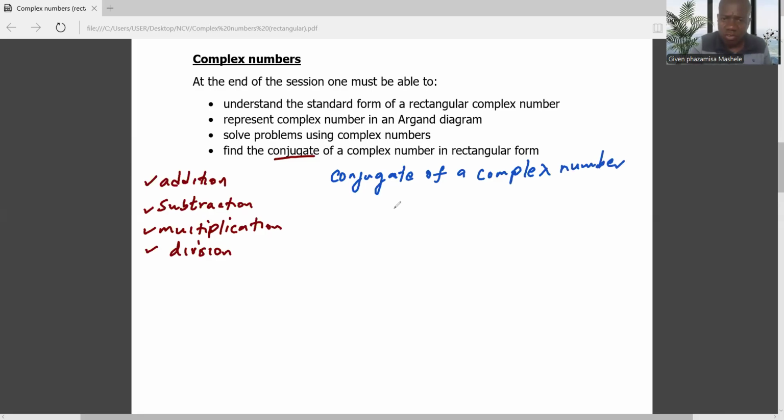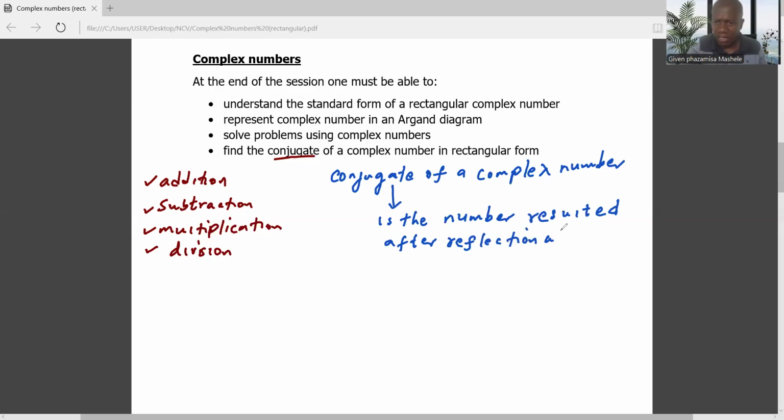The conjugate of a complex number is the complex number resulted after reflection about the real axis.